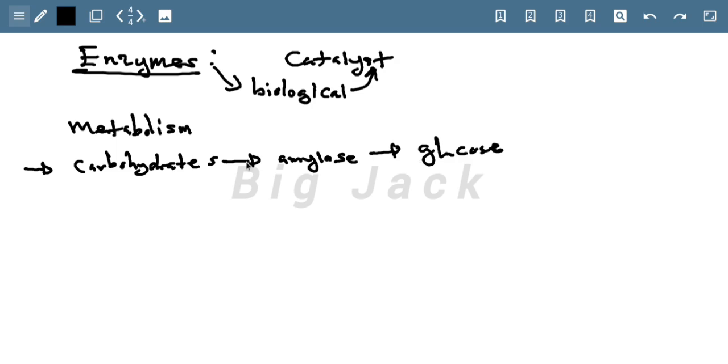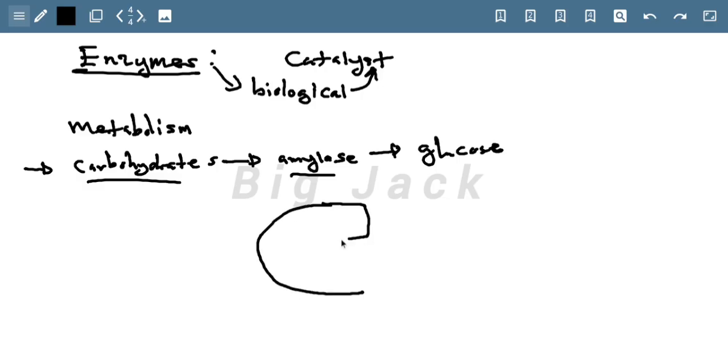One thing you need to know is the substrate, which is the carbohydrate. Apart from the substrate, you need to know the example of the enzyme, which is amylase, and other examples of enzymes. This one is just an example. Then apart from that, you need to know the parts of an enzyme. An enzyme can be of any shape. Let's say this is an enzyme.